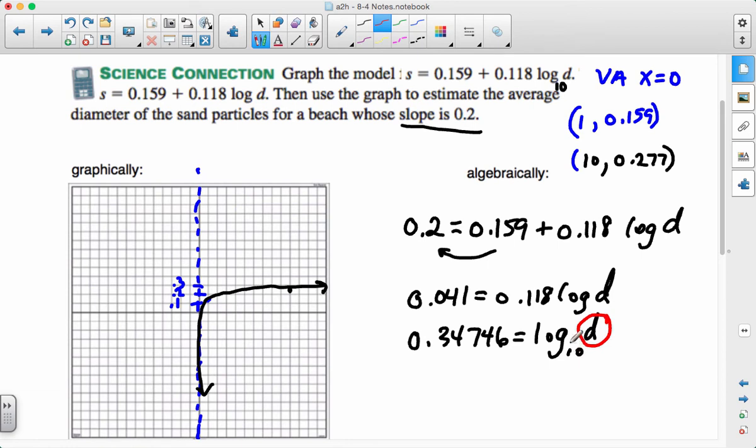This is where I convert from logarithmic form to exponential form because I want to liberate this guy. So 10 to this exponent will equal d. All right? So d equals 10 to the 0.34746.